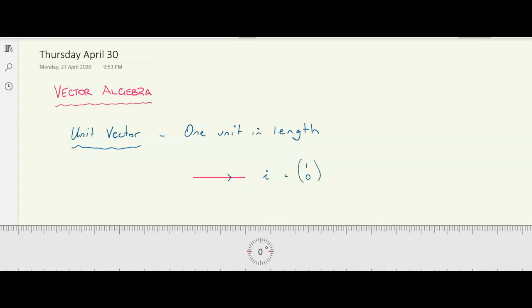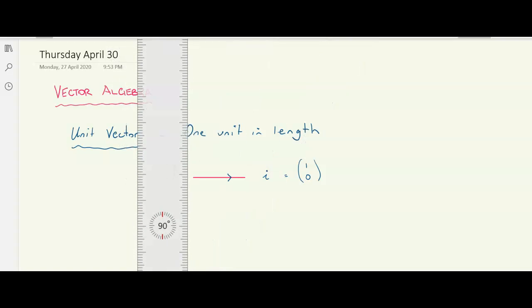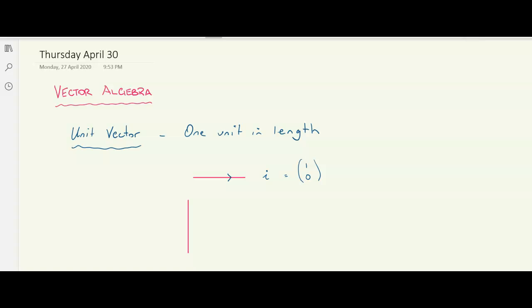Now, if we're going to go in the vertical direction, then we will be talking about a vector that goes vertically by 1 unit, and we'll call him j, and he is 0, 1.